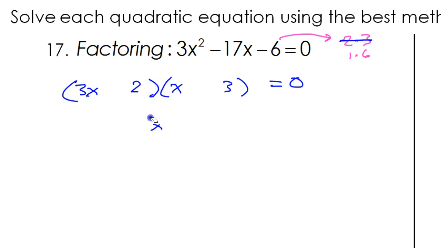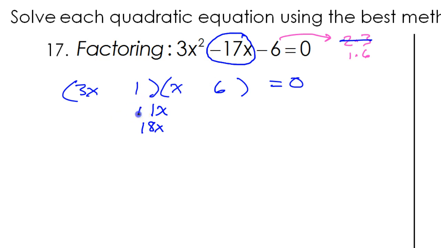So let's go back and do the 1 times 6 option. If I do 1 times 6, inner I have 1x, outer I have 18. The middle is negative 17x, that's what I'm trying to get. I can choose the signs to make negative 17x.